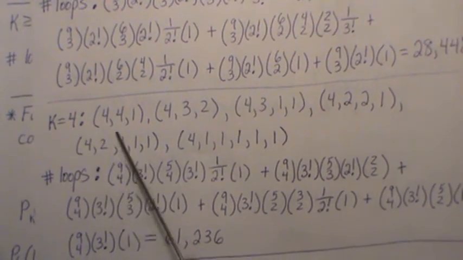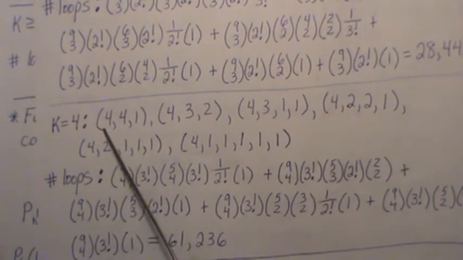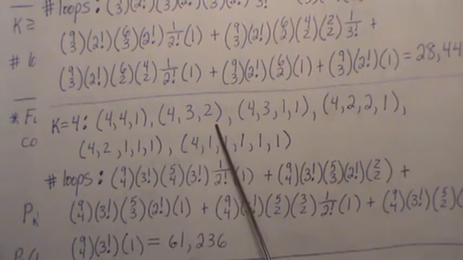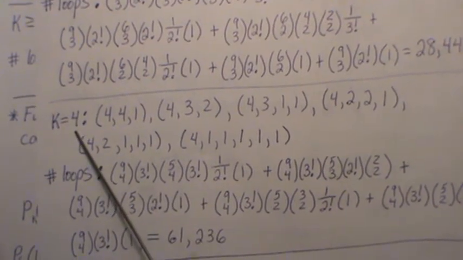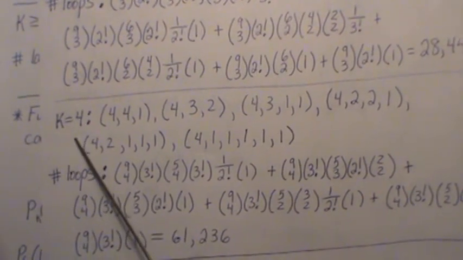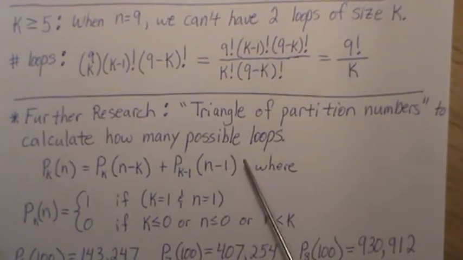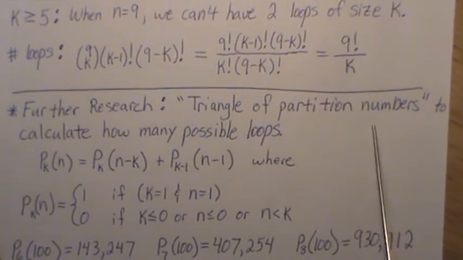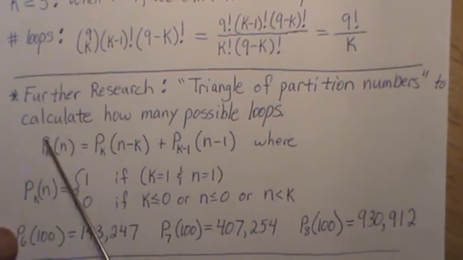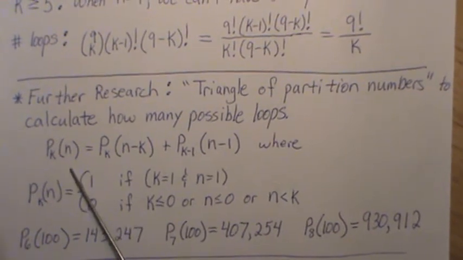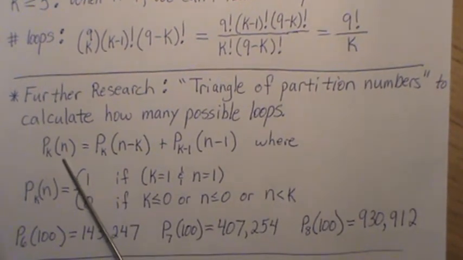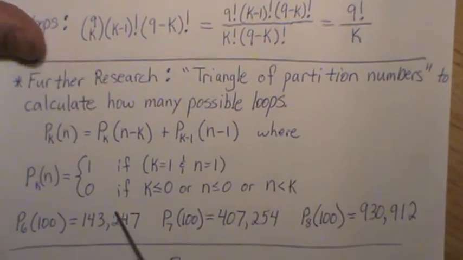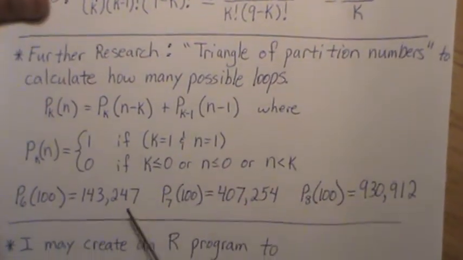So remember, n is 9, and these add to 9. So we're partitioning the number 9 with a maximum integer of 4, right? And that's what the triangle of partition numbers does. And there's a nice little recursive formula that you can use to calculate how many different types of loop we have. It's exactly this number. And I'm going to let you research that more on your own.